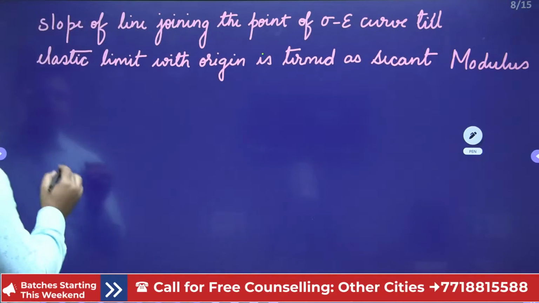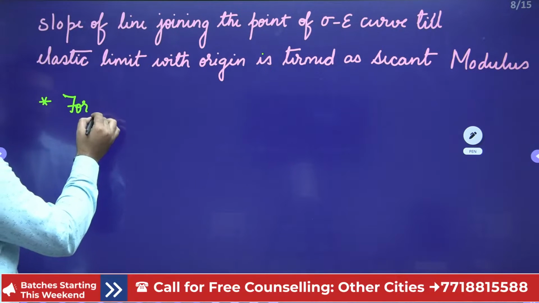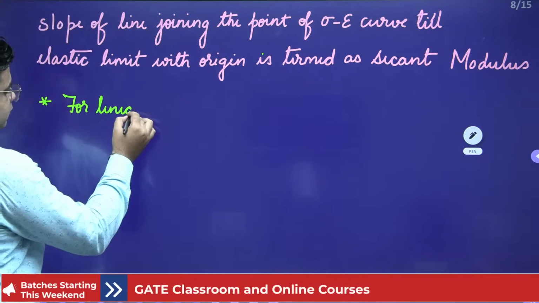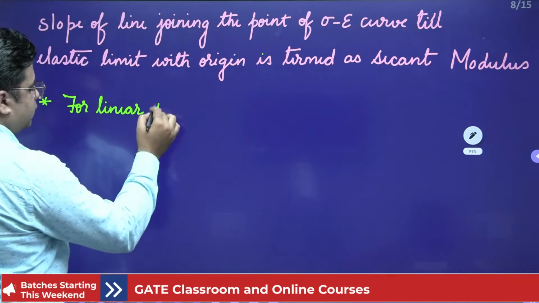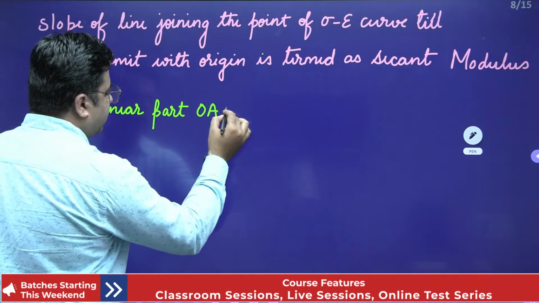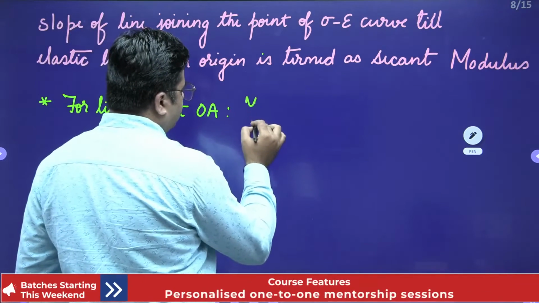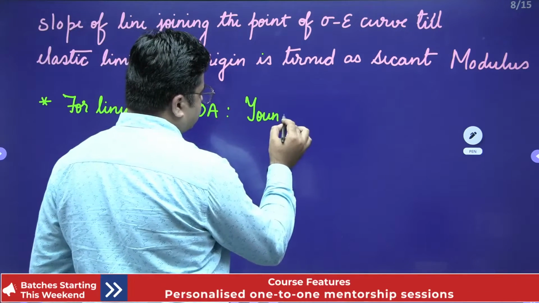Next point is for linear part OA, not AB. For linear part OA, your Young's modulus will be equal to secant modulus.